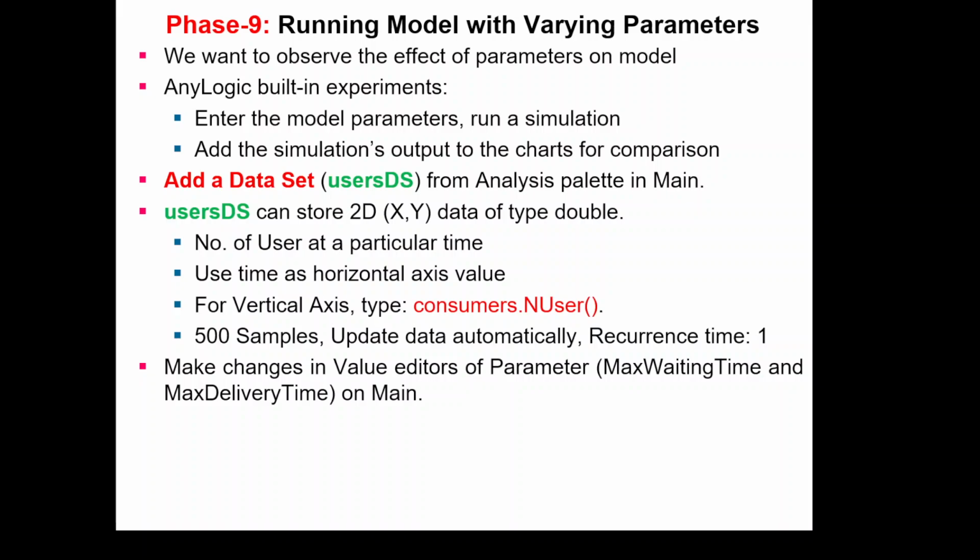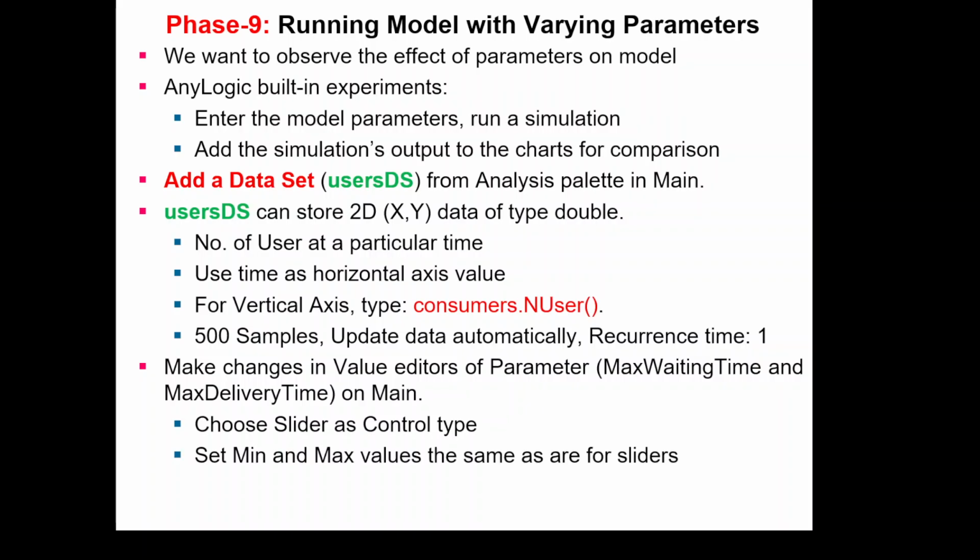Then we are going to make some changes in the parameters that we defined in our last video. We are going to associate maximum waiting time and maximum delivery time with a slider control, and then we will set the minimum and maximum values as we have done before. We will make some changes in the value editors of parameters, and we can also change the labels if we want.